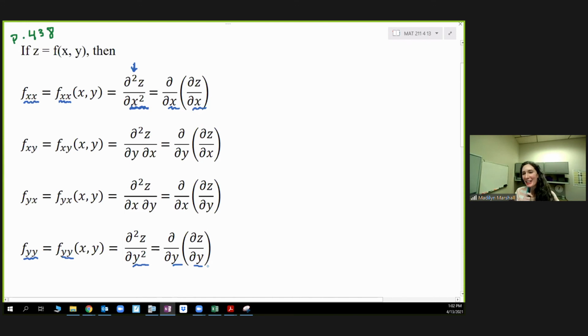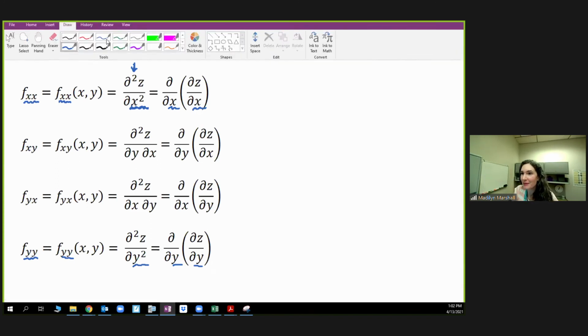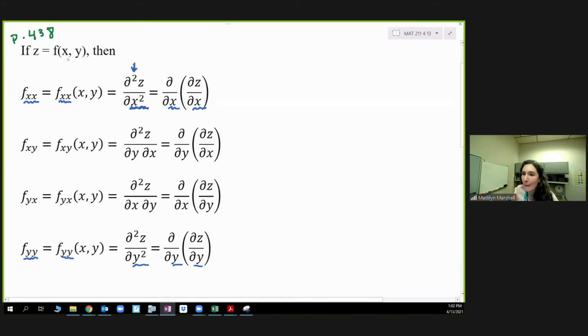The notation for the other two is confusing because it's the two notations with the F and the subscripts and the D, whatever, they don't match. By that I mean, on this F notation, the X is closest to the F, which means do X first.